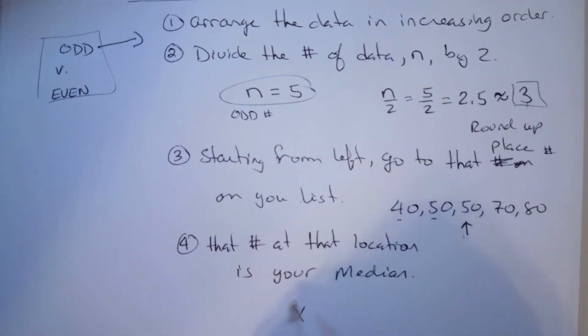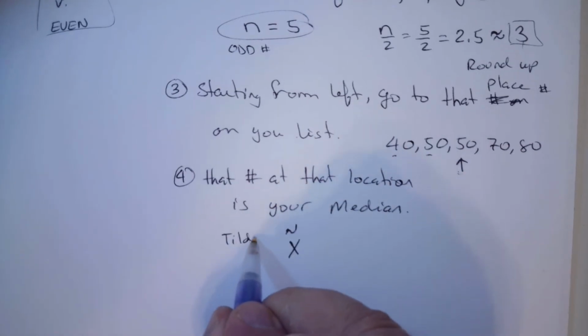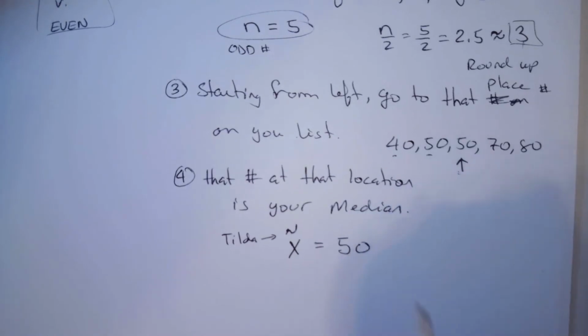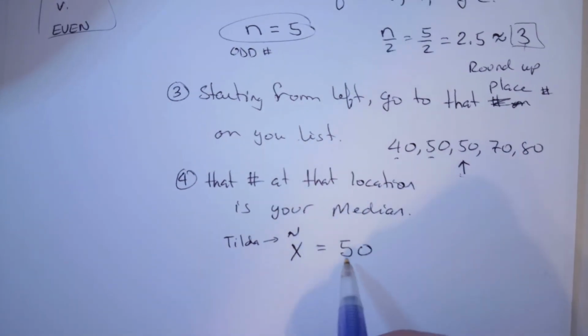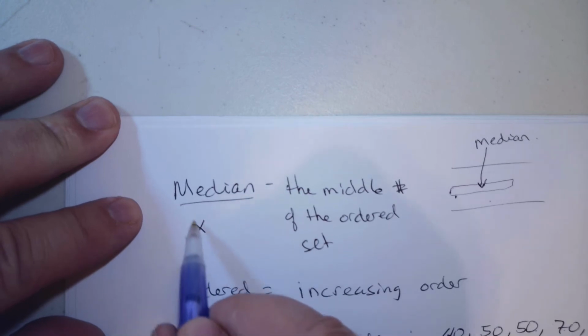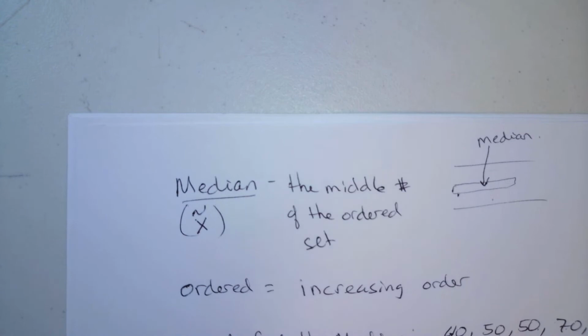Oh yeah, I forgot to tell you. Median, we use the symbol tilde. So whenever you see x tilde, you know that means the median. That's the symbol for it in mathematics.